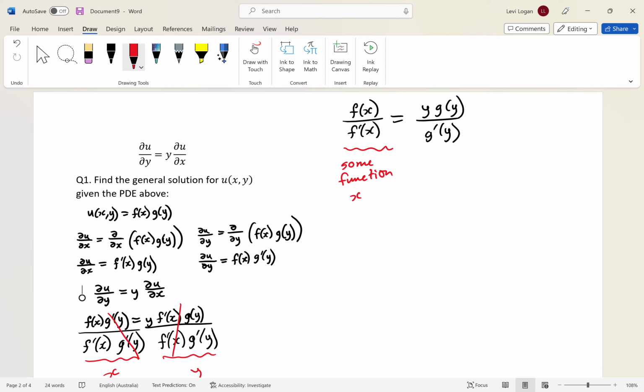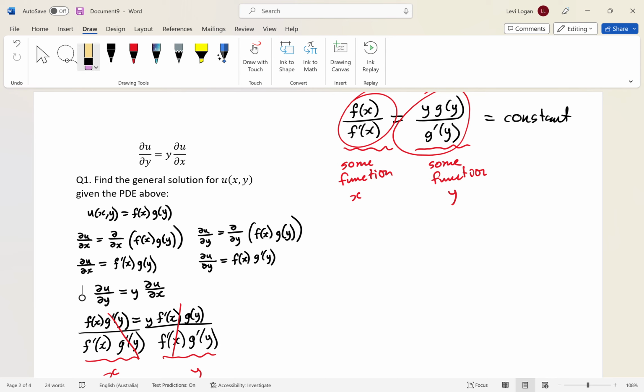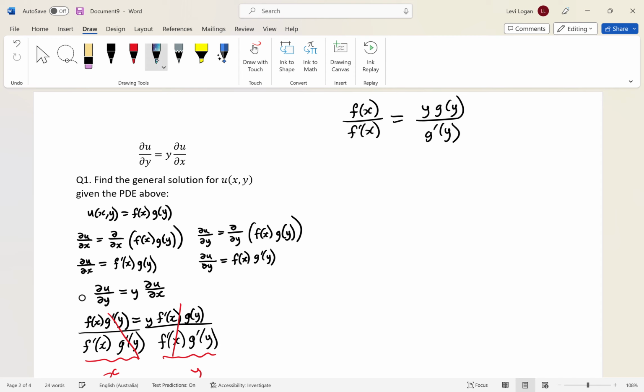Now for them both to be equal, for this to be true, they both must be equal to a constant. So using this idea that they're both equal to a constant, we can break this up into two ODEs, two ordinary differential equations. So they're both equal to some constant, I'll just label it C.